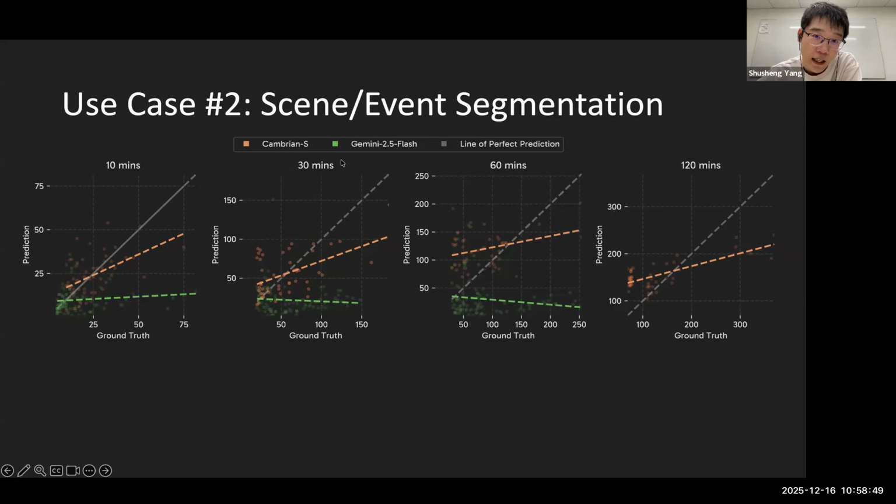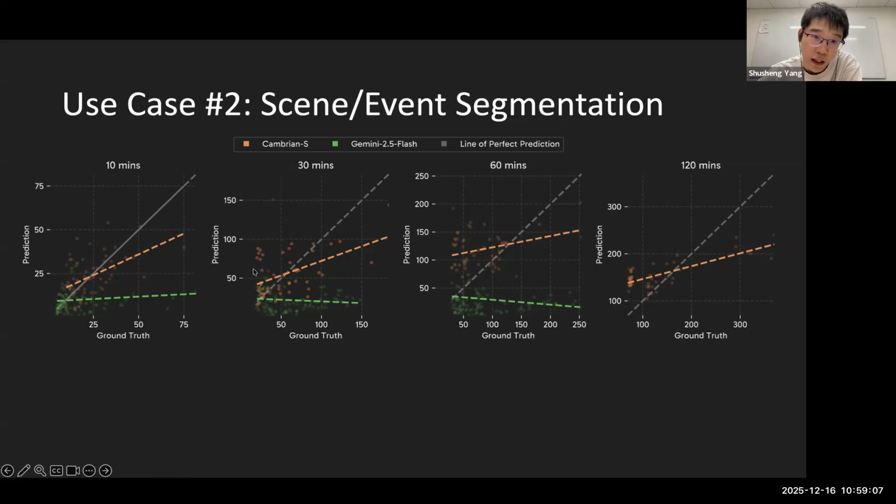But we can see that for the Gemini 2.5 Flash model, it's hard to do this. Gemini's prediction is always confined in a limited range across all video durations. It's hard for it to predict numbers over 50.